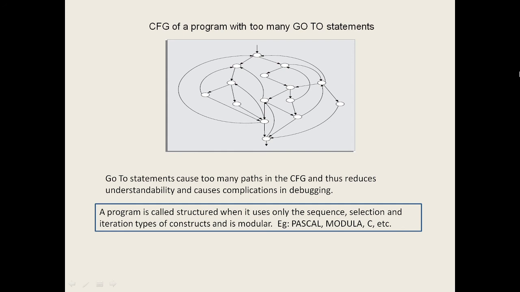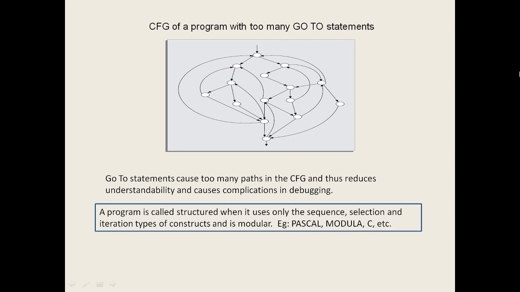So to reduce this difficulty of using go-to statements, we use other programming constructs: sequence, selection, and iteration loops in our programs. It gives the program a modular look.